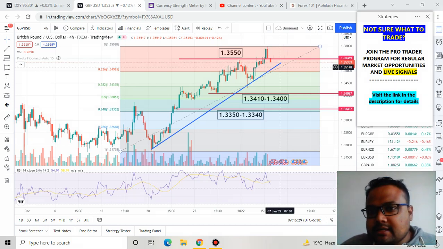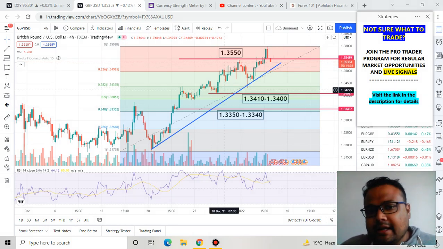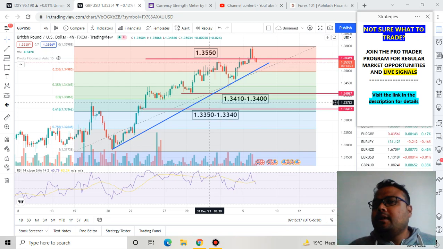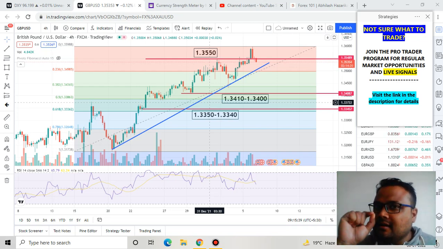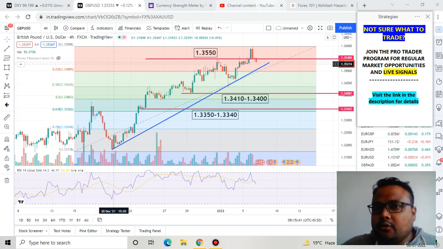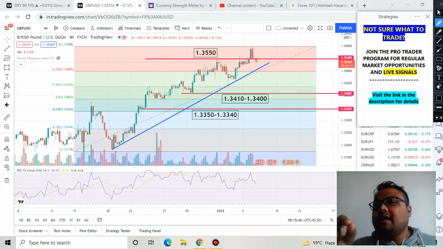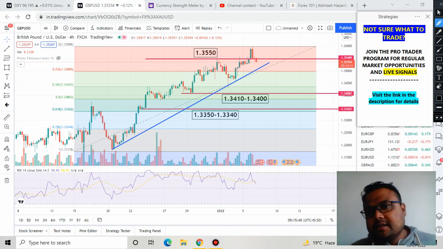Right now you can see the market is coming down and we have a trend line coming from the bottom, and there is a possibility of the trend line acting as support to the market. But to be honest, in this market condition, I don't think that trend line will be a very valid support, because previously also we have seen trend lines failing to provide support.